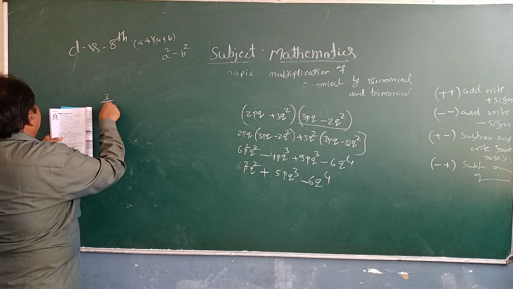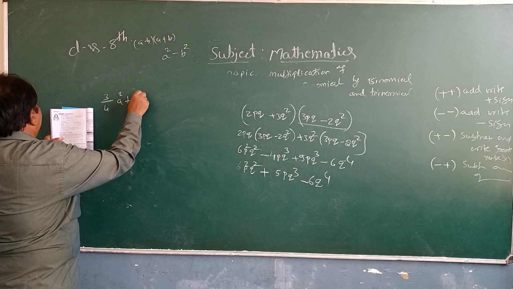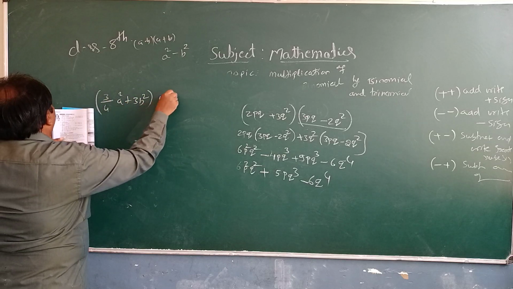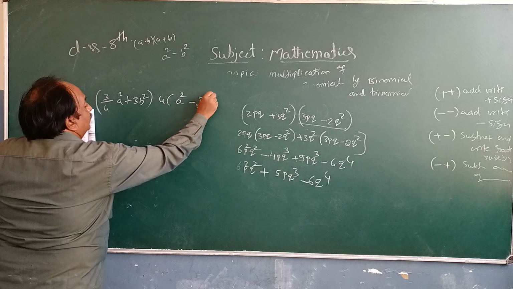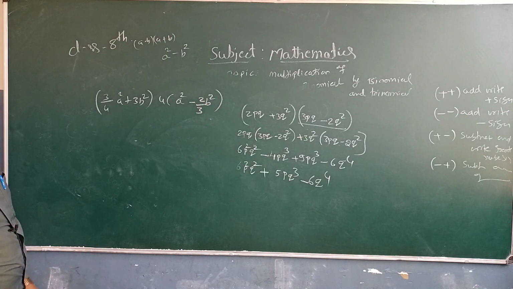(3 by 4 A square plus 3B square) into (4A square minus 2 by 3 B square).